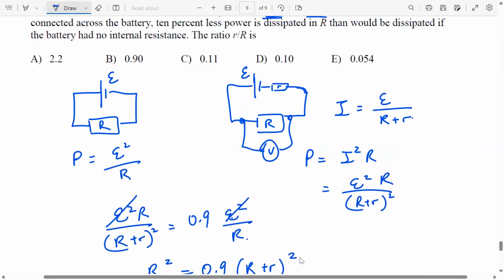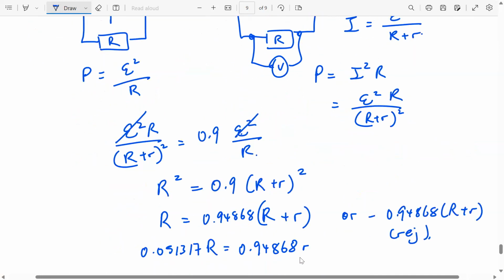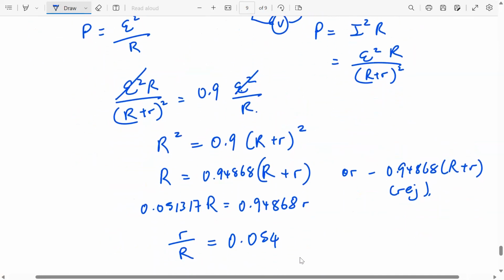So the answer is going to be E. Okay, so 0.054, answer E. Okay, hope it helps you.